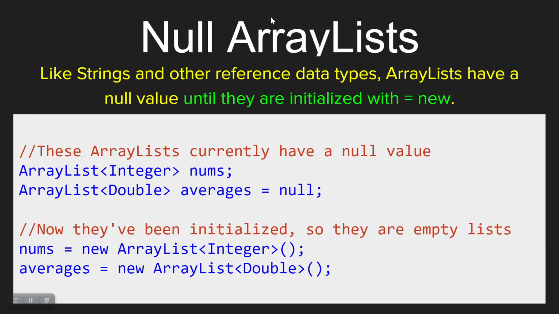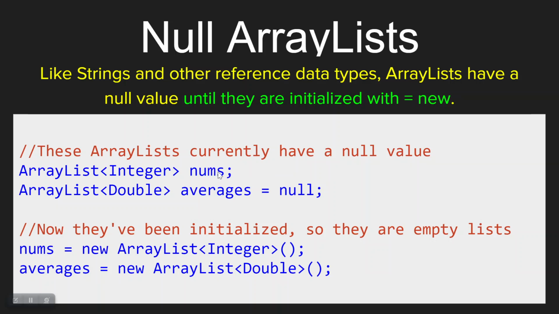Another thing we need to be aware of is that you can have a null array list, which basically means you've reserved memory space for it, but you just haven't assigned it any values yet. You haven't initialized it using the equal sign and then the keyword new. So right here, ArrayList Integer nums: all I've done is declare the data type and identify the variable name, but I don't have the equal sign and I don't have the word new.